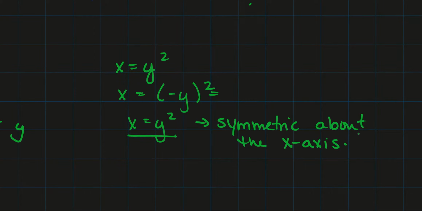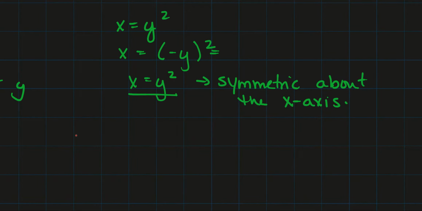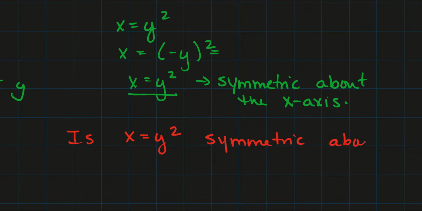So again, if you don't have a picture and you can't see if it's symmetric, all you have to do is plug in negative y. Now here we can see that this graph is not symmetric about the y-axis, and I'm going to show you how to do that as well. So if I ask you, is x equal to y squared symmetric about the y-axis?